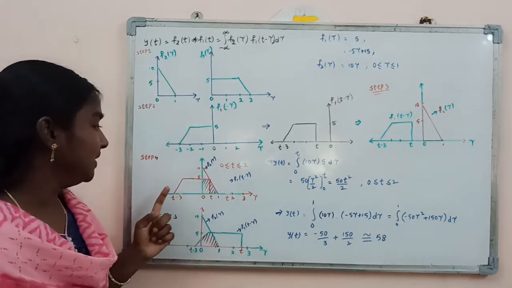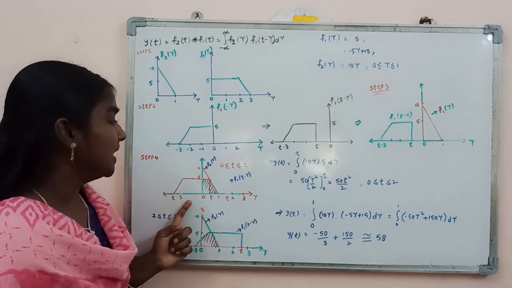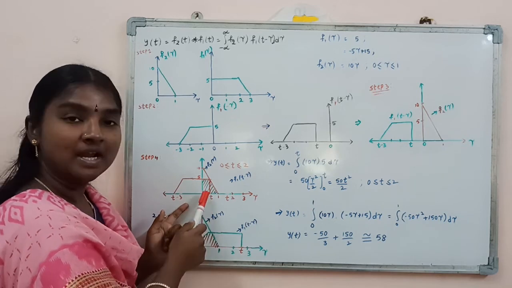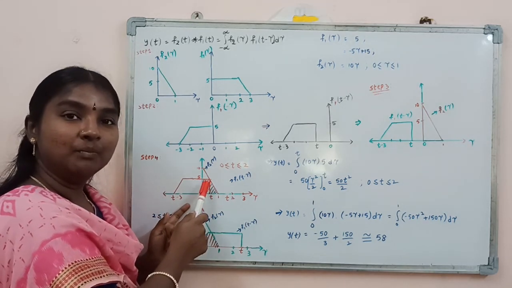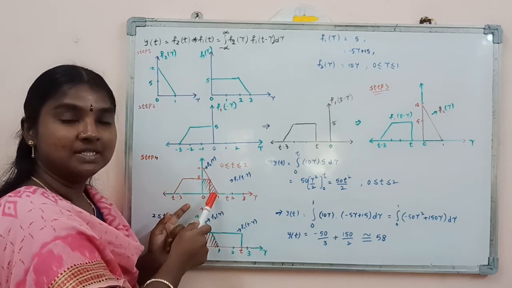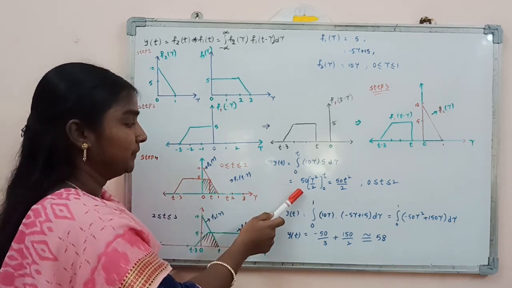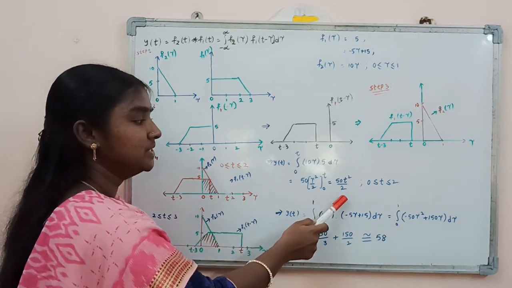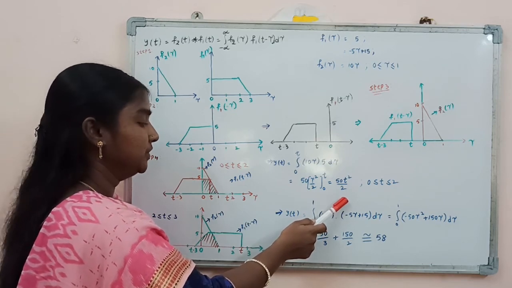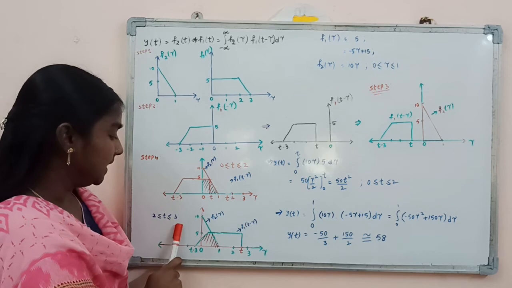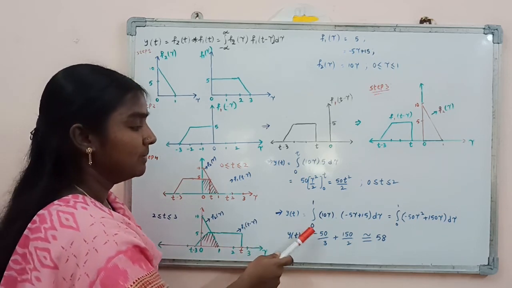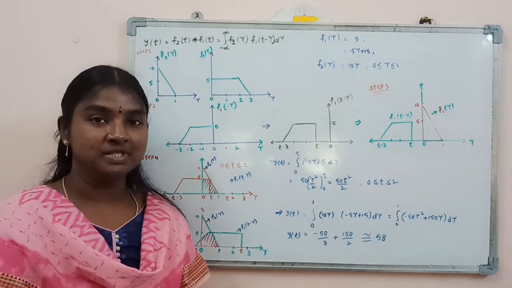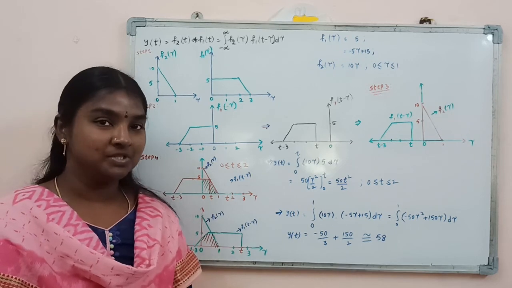Next, we move the f1 of t minus tau signal towards the right side, and if we observe any overlapping period, we integrate both signals over the common time instance and find the output signal. Here in the interval 0 to 2, the output signal we observe is 50 t square by 2, and in the interval 2 to 3, the output signal is 58. This tallies the output signal of procedure 1 with procedure 2.